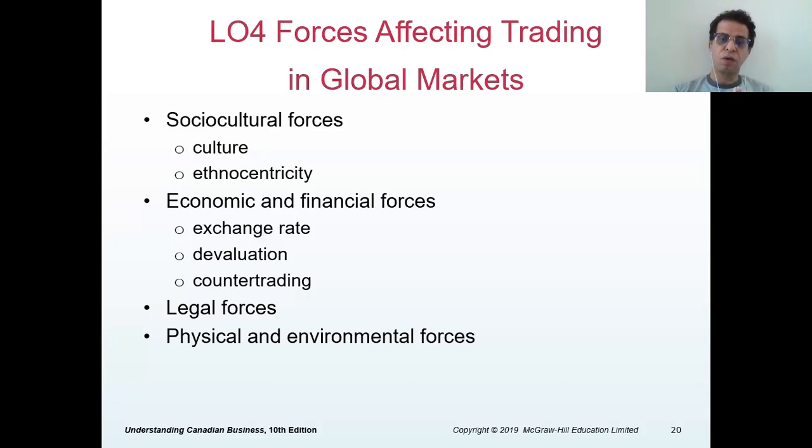Now, the forces that affect trade in a global market. Socio-cultural forces: culture and ethnocentricity. If you notice, culture affects which countries you want to export to.